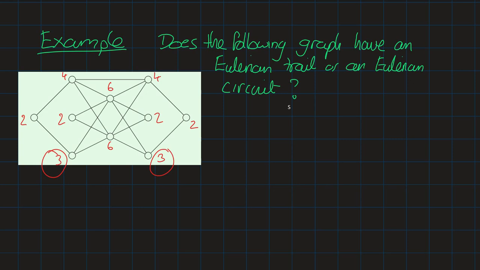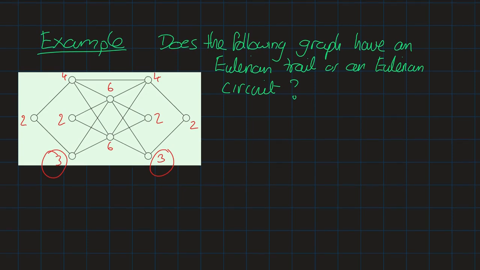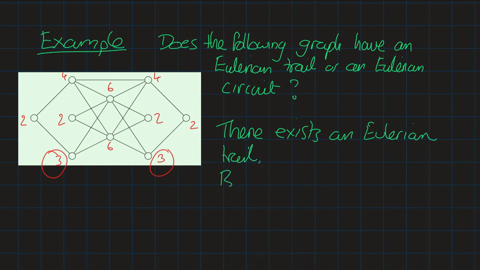So there are 2 odd numbers, which means that there is an Eulerian trail, but not an Eulerian circuit. So there exists an Eulerian trail, but no Eulerian circuit.